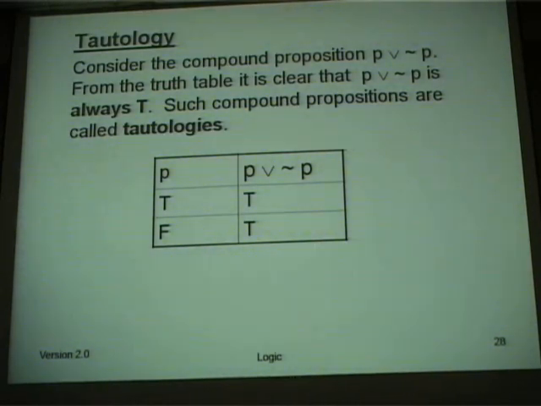Using one proposition, you can create a proposition like this. If you work out the truth table for that one, you realize that whatever truth values p can take, this always becomes true. This kind of thing is called a tautology.